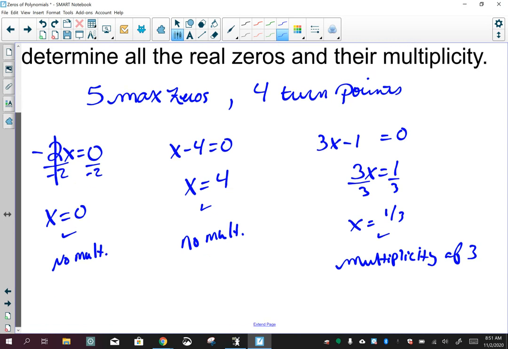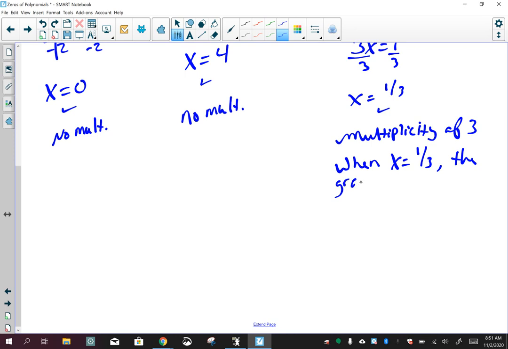So that means that when x is equal to 1/3, the graph will cross the x-axis. And it's going to cross the x-axis because we have an odd multiplicity here. Okay? We are going to cross the x-axis at x is equal to 1/3.